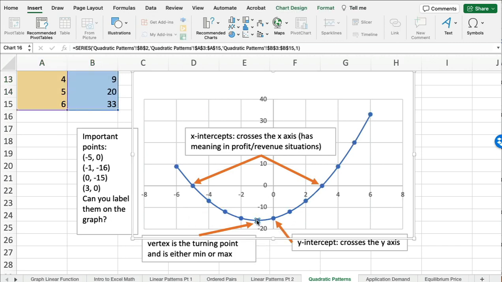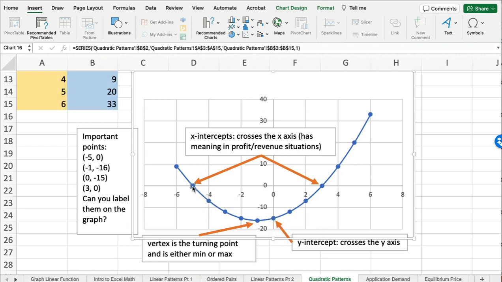So it's this bottommost point. And we had already discussed what the coordinates were of that. It's the coordinates -1, -16. Then the next point we're going to go over to is the y-intercept. That's where the graph crosses the y-axis, and that point had coordinates 0, -15.